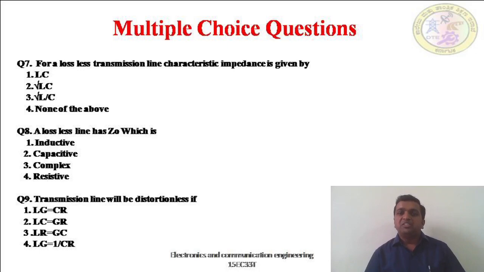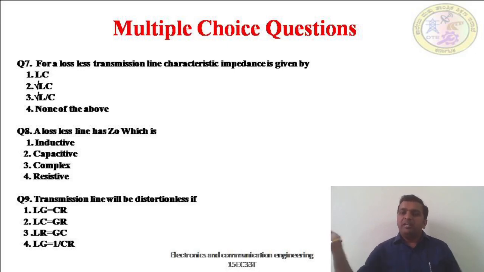Question number 9. Transmission line will be distortionless if option 1, LG is equal to CR, option 2, LC is equal to GR, option 3, LR is equal to GC, option 4, LG is equal to 1 by CR. You should have it in mind: L means inductance, G means conductance, C means capacitance, R means resistance. And the question is about distortionless, that means there should not be any distortion.